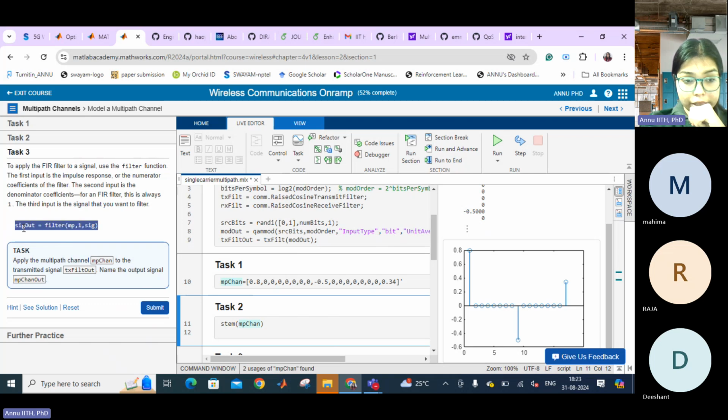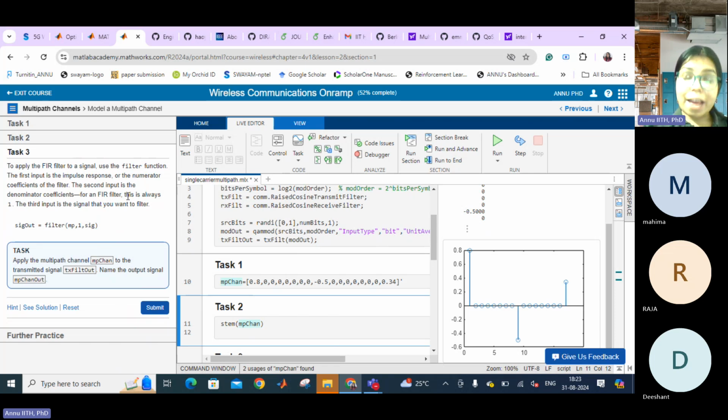Talking about the filter function in MATLAB, the first input is the impulse response, then the second input is the denominator coefficients, which for an FIR filter is always one. I would like to tell you the difference between FIR and IIR. In an FIR filter, you have finite impulse response, whereas in IIR you have infinite impulse response. In wireless communication, we often use FIR filters for channel modeling.